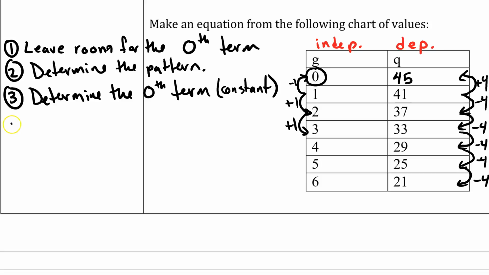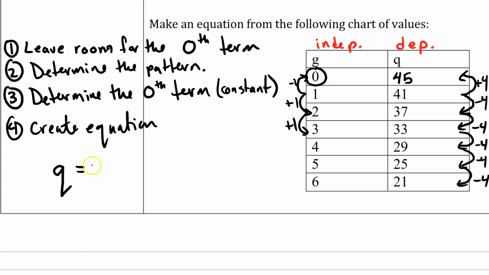Now, step number 4, this is how we can create our equation. What we want to use is the variables that we've been given. This is our dependent, so I'm going to put Q equals something, and our independent is G plus something.